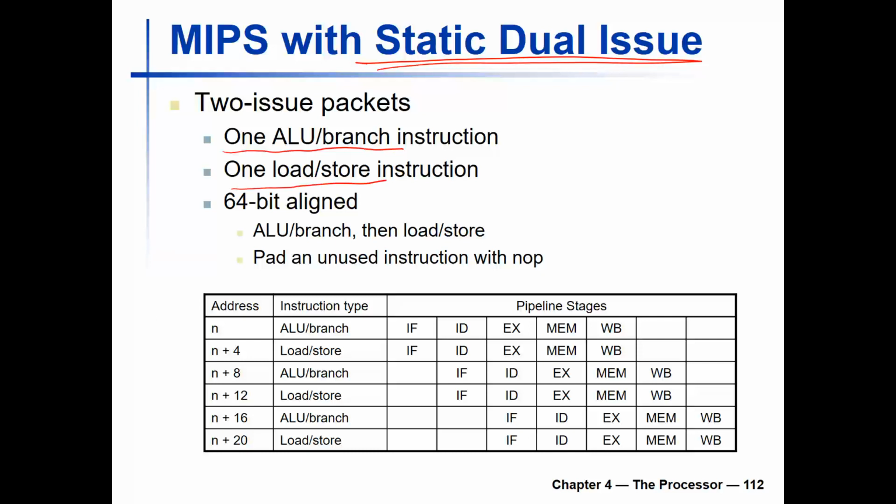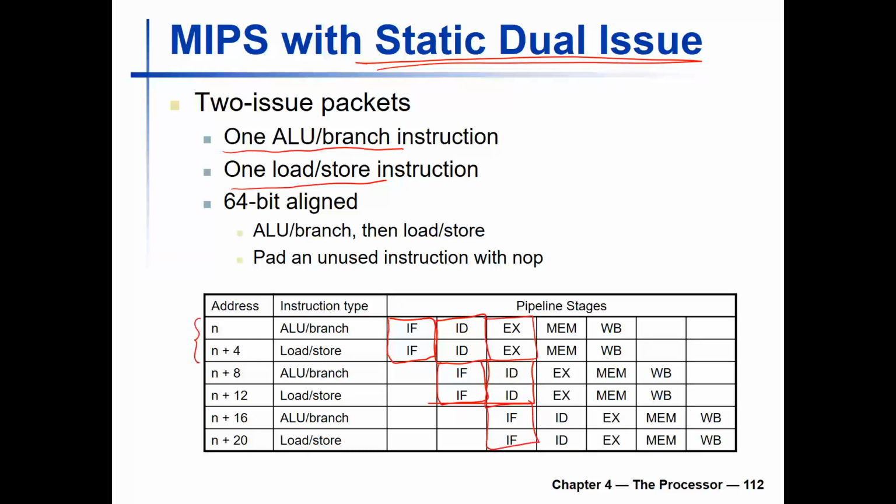So in this example, you can see that when we move in the pipeline, we will fetch these two instructions, and then in the next cycle we will decode them, and at the same time we fetch another two instructions. And in the third cycle, the very first two will execute, the second packet we will decode, and then we have a third packet, etc., etc.